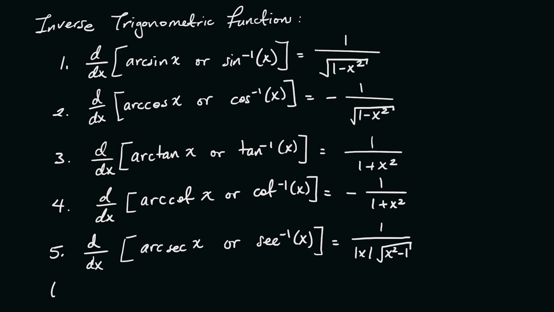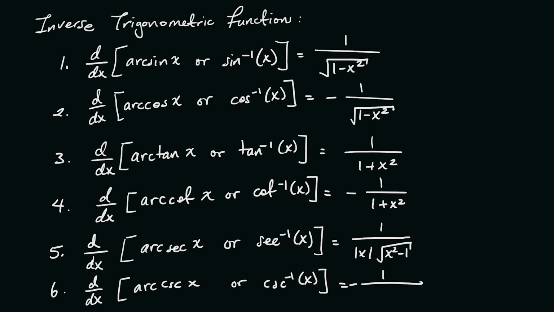And of course, last but not least, arc cosecant x, or cosecant -1 of x, equals the negative of 1 over the absolute value of x times the square root of x squared minus 1. There you go.